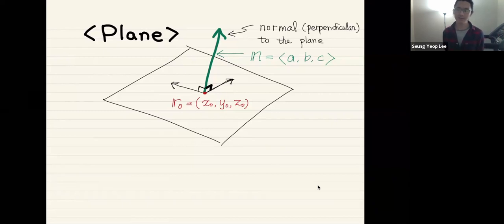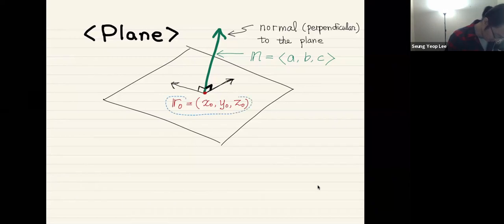That's the main purpose. Let me remind you that this R0 is a coordinate, and a coordinate is also a vector at the same time. R0 is a vector from the origin to this point, right?